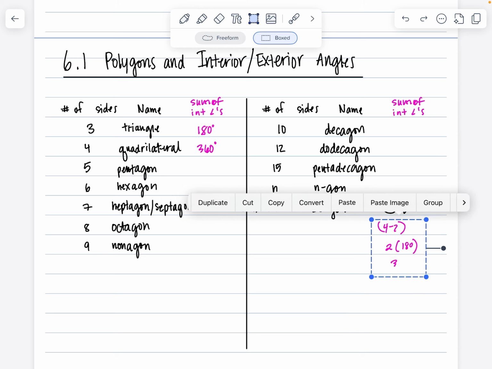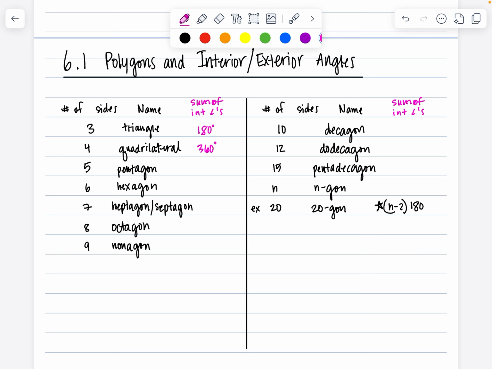And that pattern repeats itself over and over. In other words, you just keep adding increments of 180 from shape to shape. So a pentagon would be 540 degrees. A hexagon would be 720. Then a heptagon would be 900 degrees.